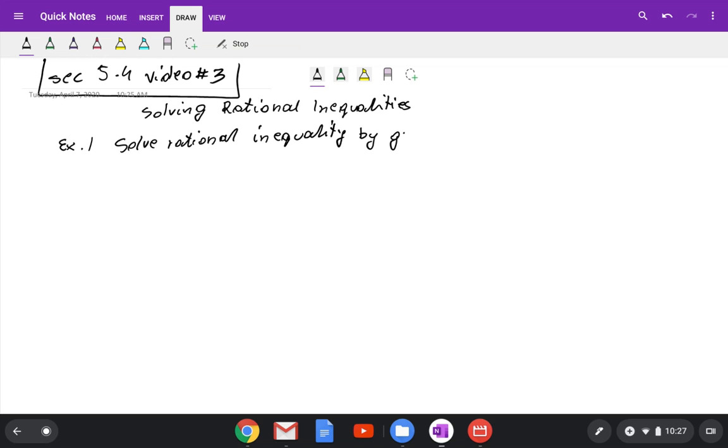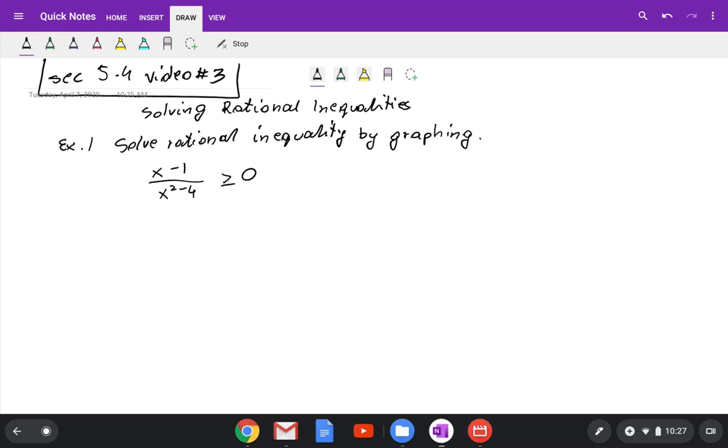So that will be super nice if we will be able to use graphing calculators. But we have the rational inequality x minus 1 over x squared minus 4 is greater than or equal to 0.